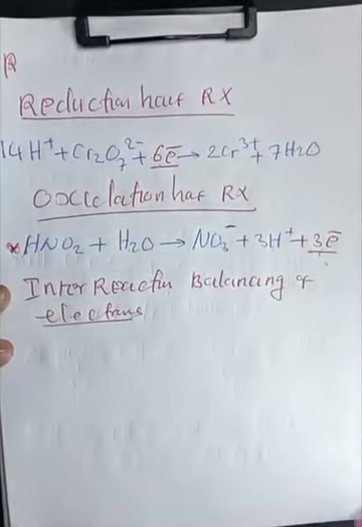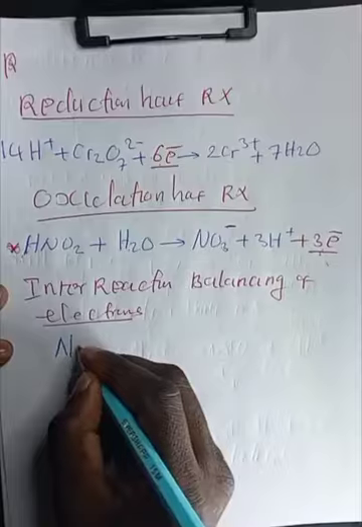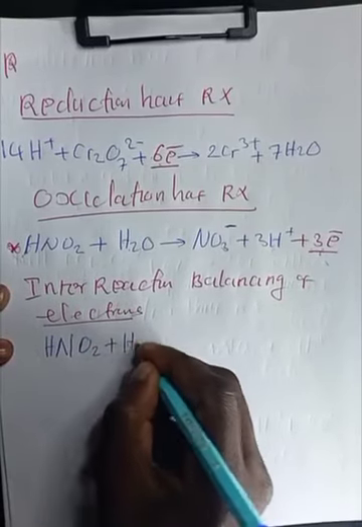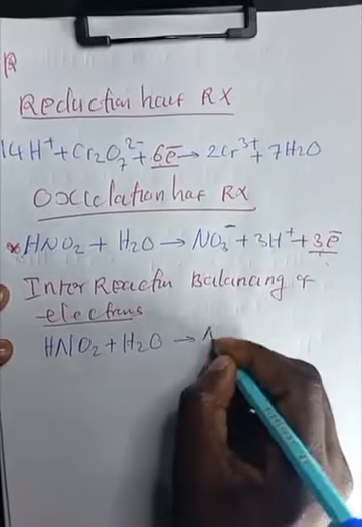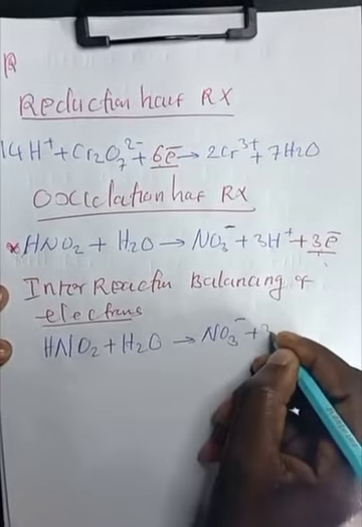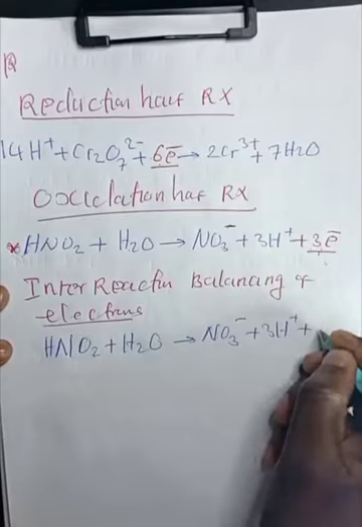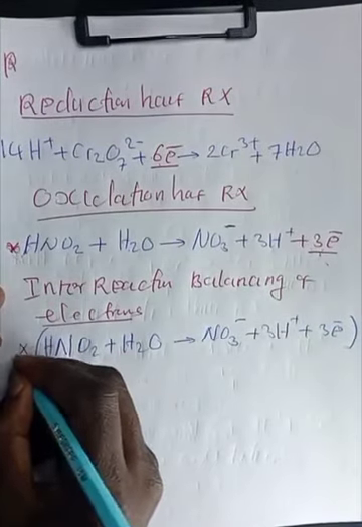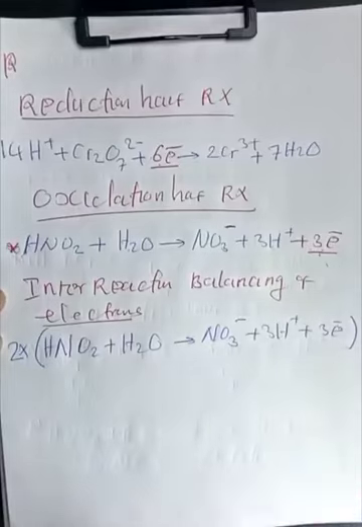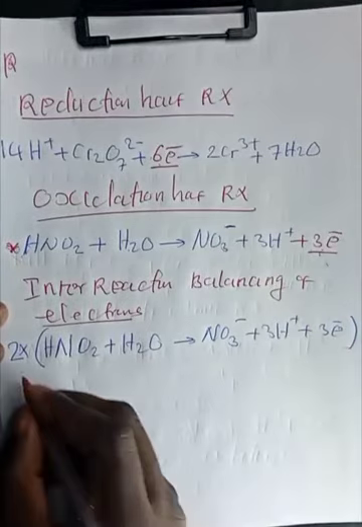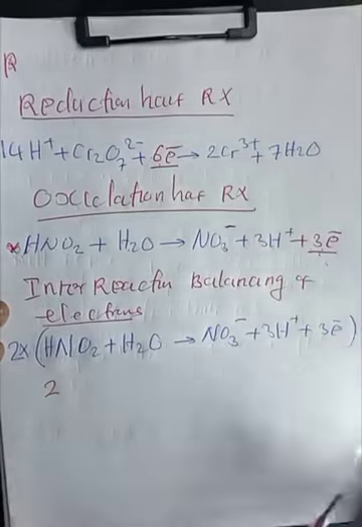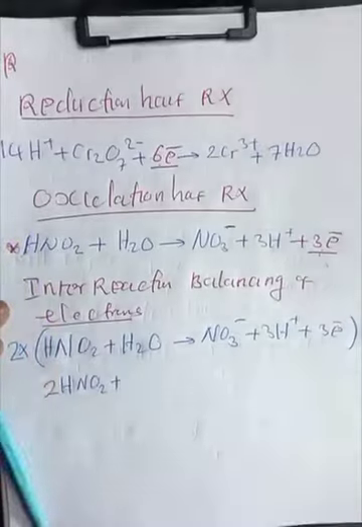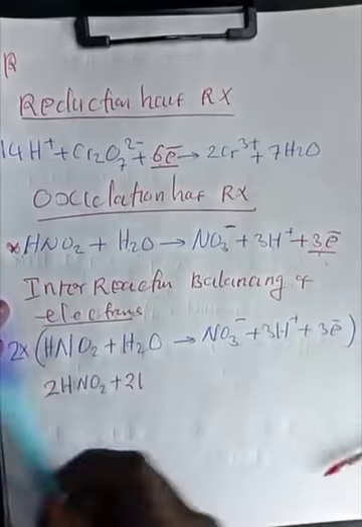So we are going to get this: HNO2 plus H2O, then this will give NO3 minus plus 3H plus plus 3 electrons there. So the whole equation will be multiplied by 2. So we get 2 here, then HNO2 plus 2H2O.